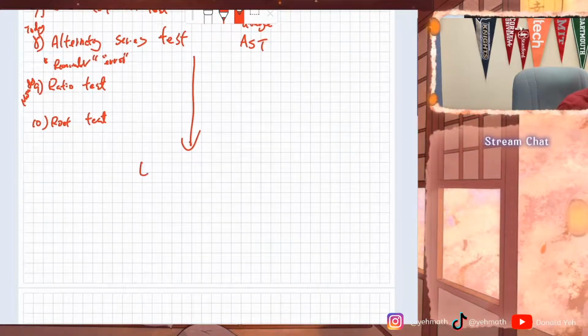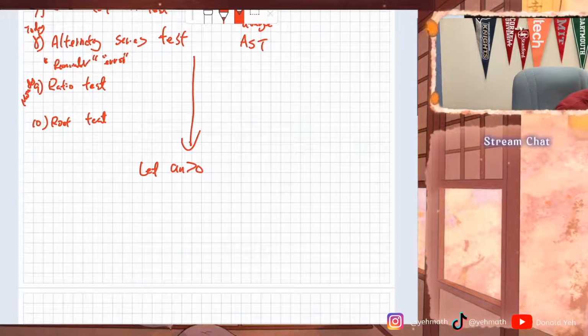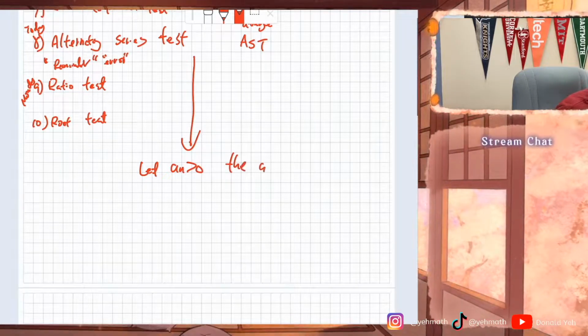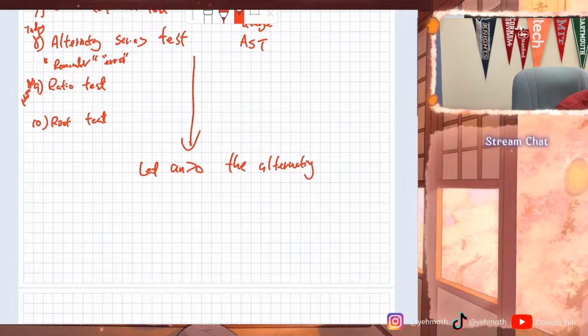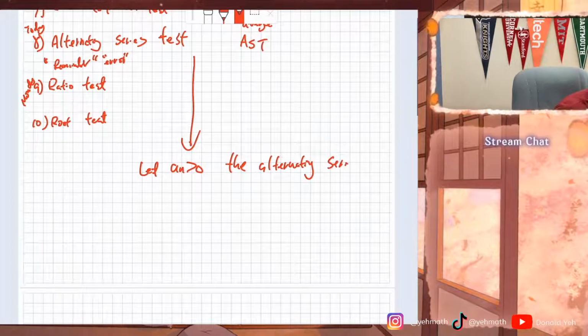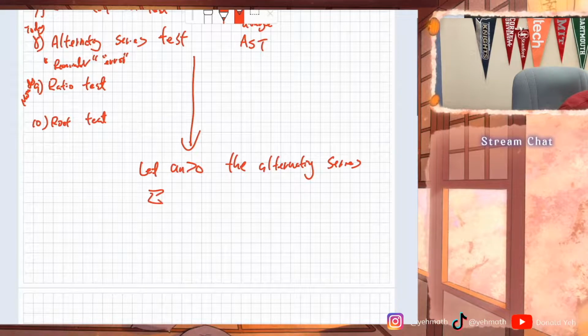So we're going to address this here. They say let a_n be greater than 0. The alternating series, I cannot say that word. So for example, there are two types.